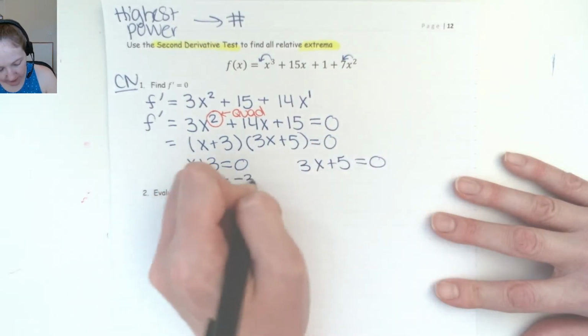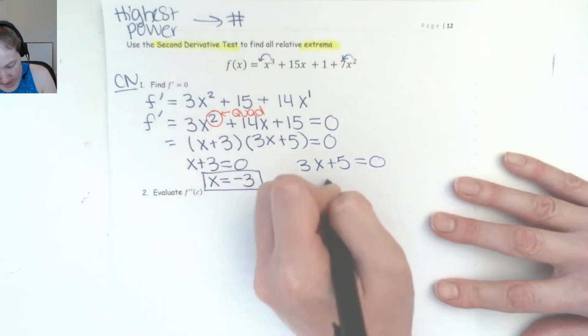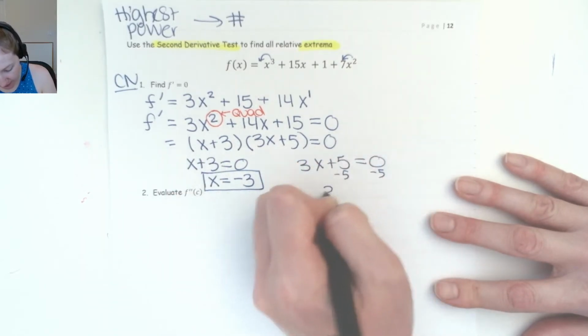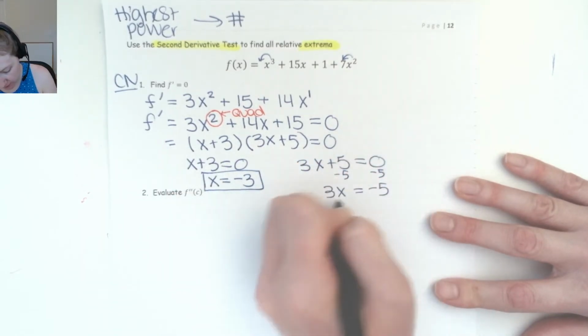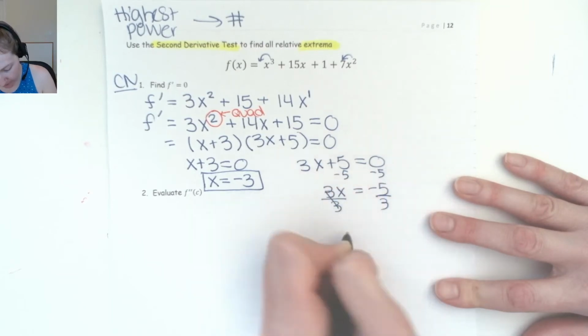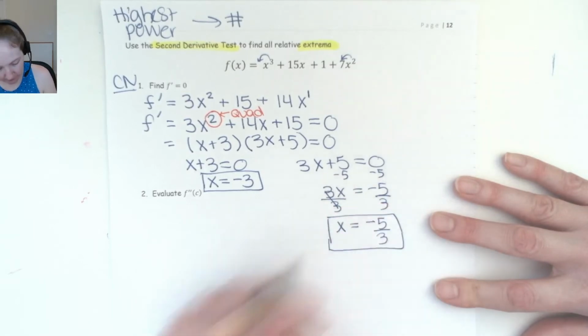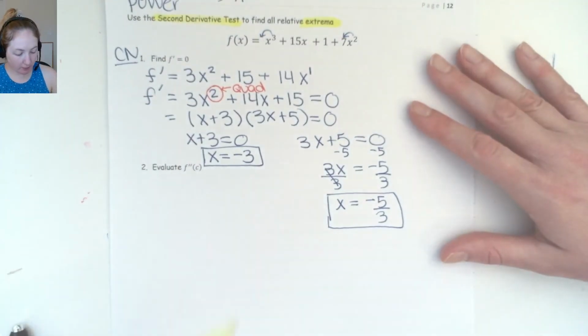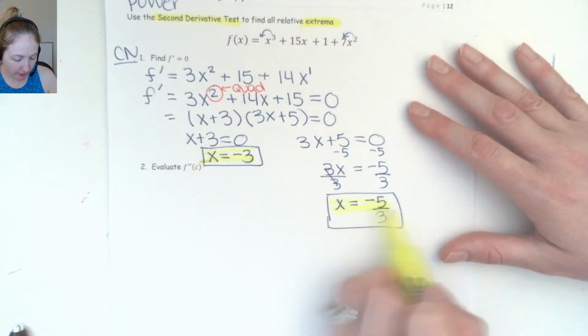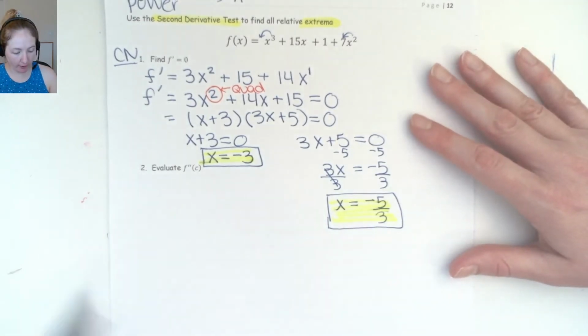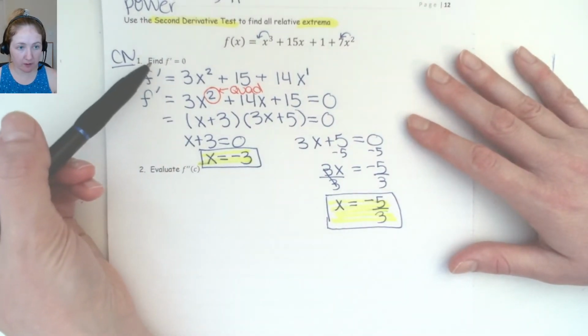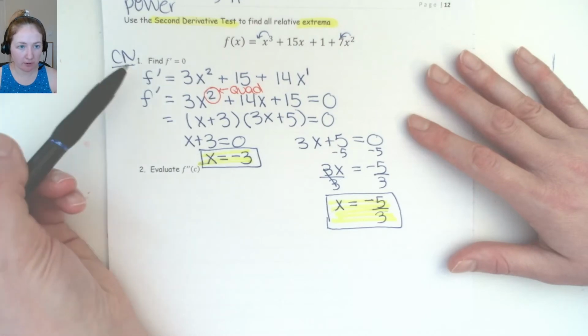So that gives us x equals negative 3, subtract my 5 from both sides, and then divide by 3. Now, those two numbers, the negative 3 and the negative 5/3, those are where the first derivative is equal to 0, so those are critical numbers.